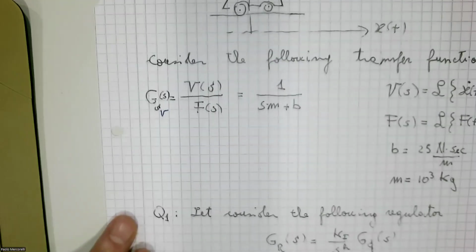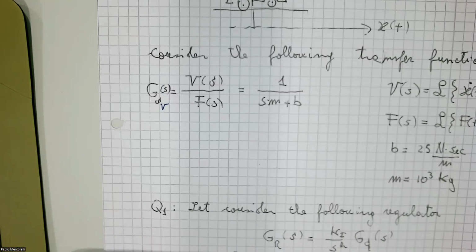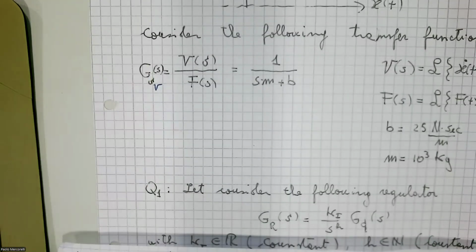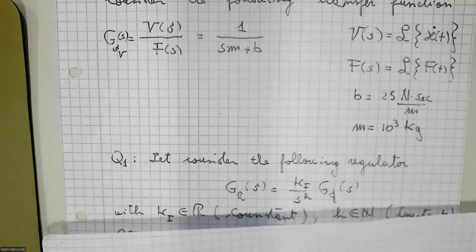Okay, question one. Let's consider the following regulator. We have seen just this form of regulator, which is the basic one, one of the most used controllers, which can also be represented in a simplified form. When I simplify it a little bit, it is the PID, do you remember? This is very important in automation.